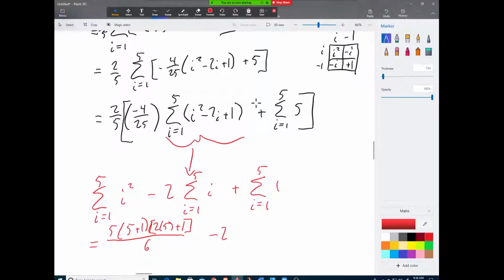And I taught you that the sum of the first n terms of just I is going to be the number of boxes times the number of boxes plus 1 divided by 2. And then if you have a constant being added n number of times, it's just going to be that constant times the number of boxes. Alright, for Andrew Kong especially, because you weren't here with us this last time.